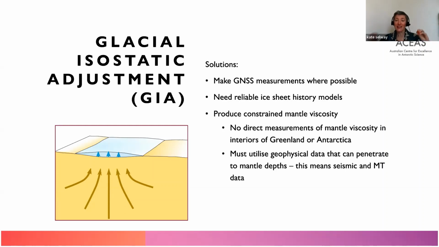You just have to take what information you can get and really make the most of it and figure out how all those bits of information work together to give you the best answer possible. So really the ways that we can measure the mantle are with seismic and MT data. So we really need to pull the most out of them that we can to get the best constraints on mantle viscosity that we can.